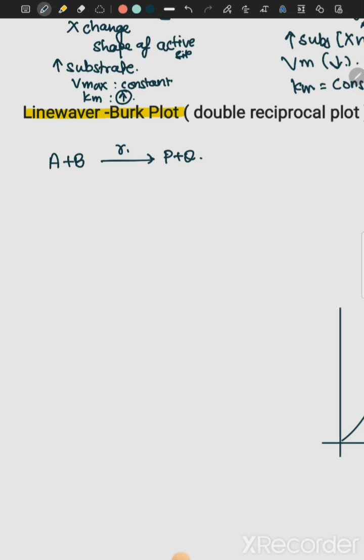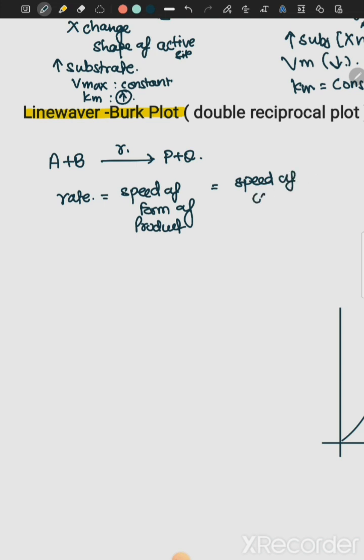The rate of a reaction is the speed of formation of product, or you can say the speed of consumption of substrate. These two are a basic concept here.